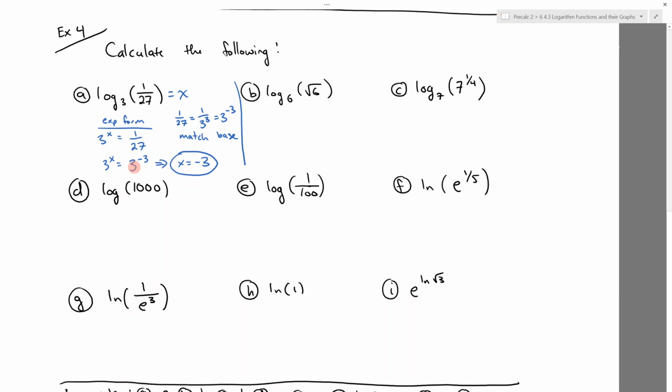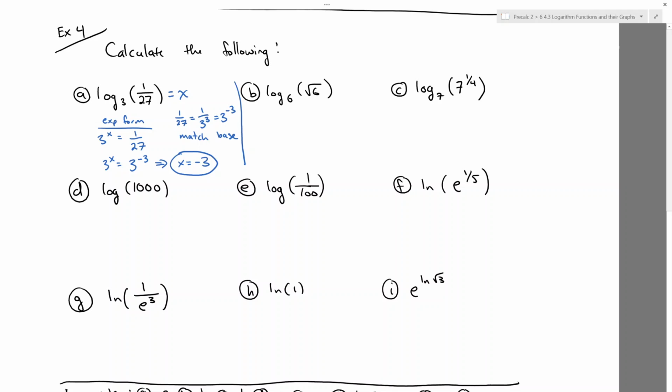And so if I put that in, now the bases are the same. Because the bases are the same, that means the exponents have to be the same. So that means the x has to be minus 3. Okay, so the idea is to write into exponential form and try to match the bases to figure out what x is going to be.